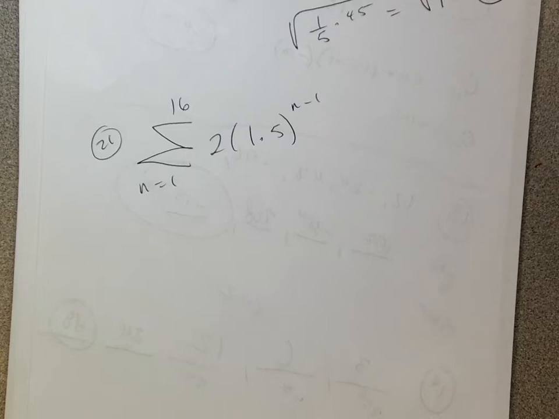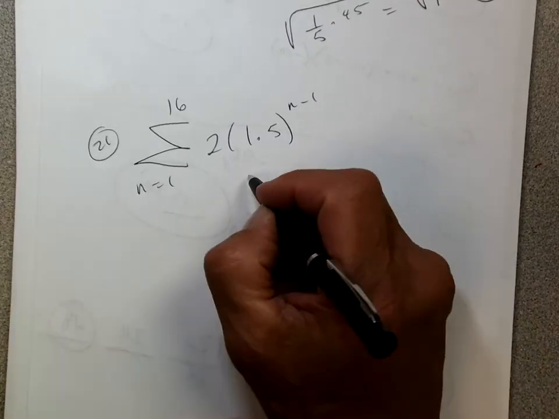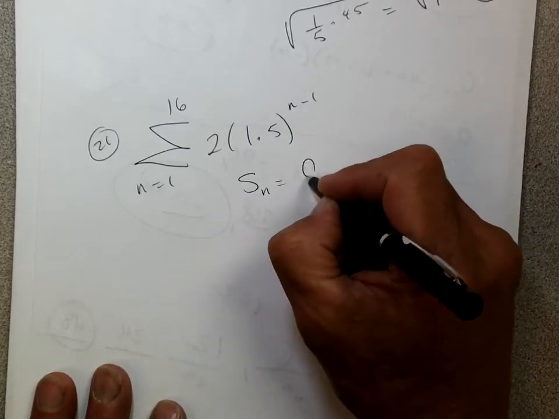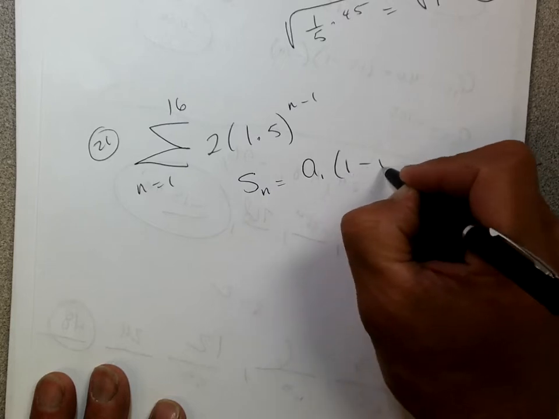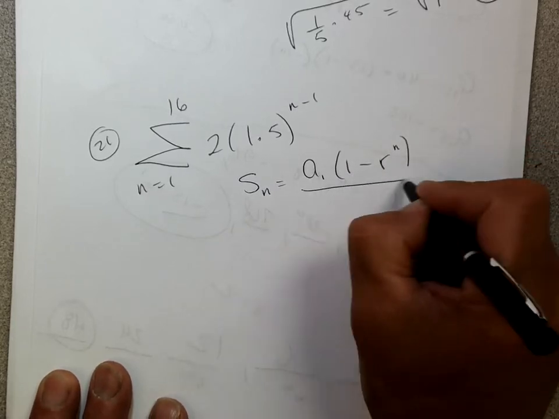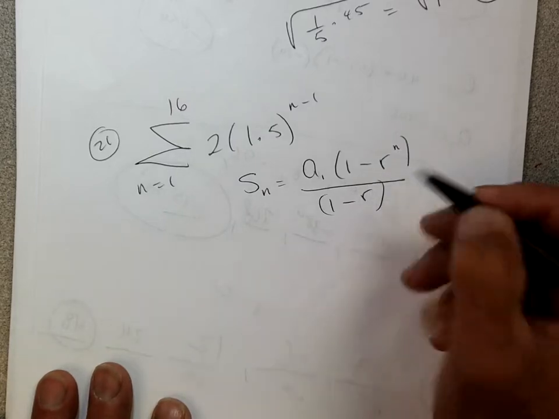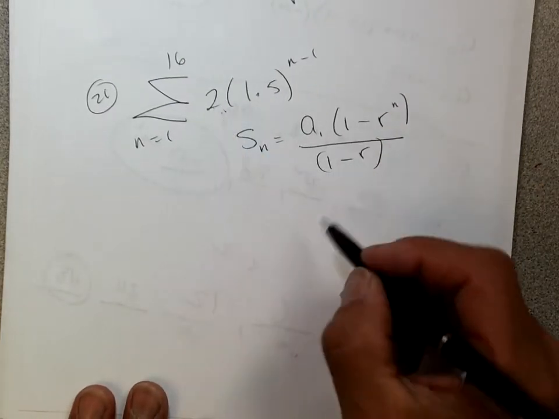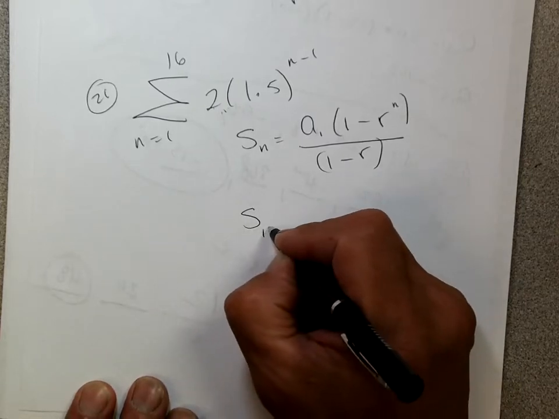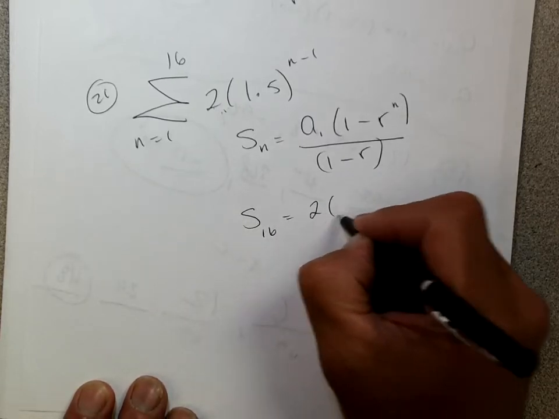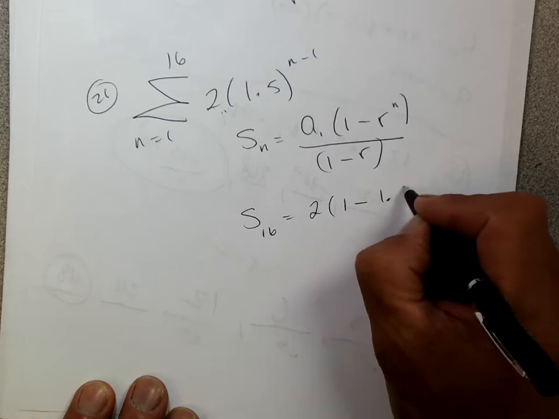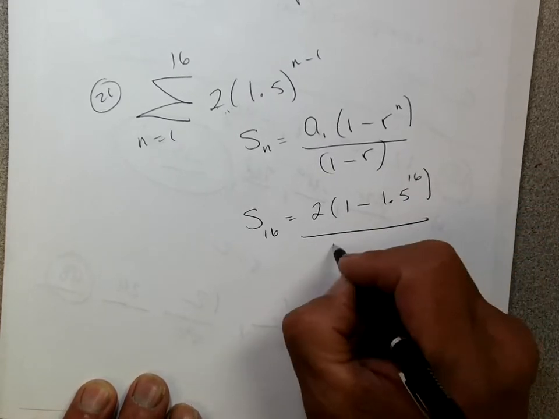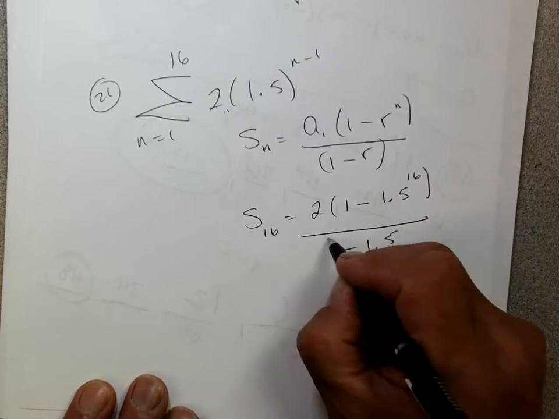Arithmetic, geometric. What do you think? It is geometric. So we have a formula: S of n equals a1 times (1 minus r to the n power) all over 1 minus r. A1 is 2. So S of 16 is equal to 2 times (1 minus 1.5 to the 16th power), all over 1 minus 1.5.